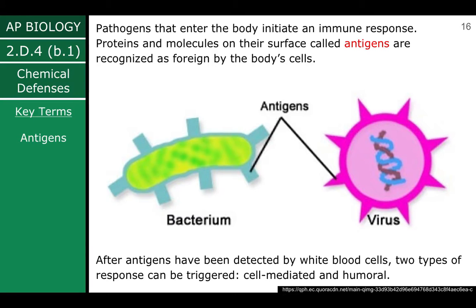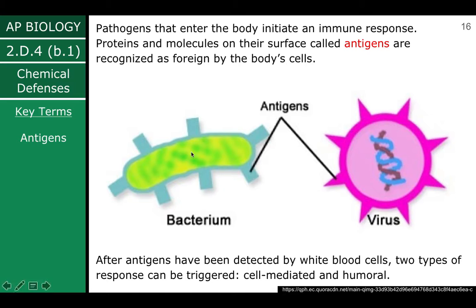Pathogens that enter the body initiate an immune response. Proteins and molecules on their surface, called antigens, are recognized as foreign by the body's cells, so we're able to read all these antigens on the outside and know, okay, that's not part of our body, something has to be done about this.